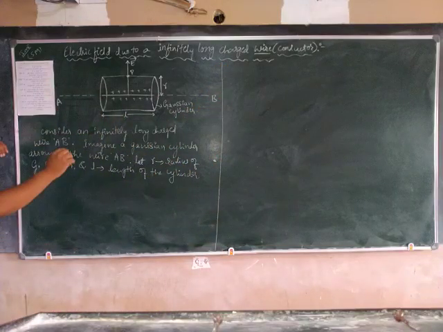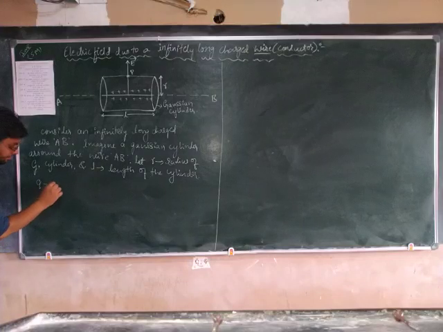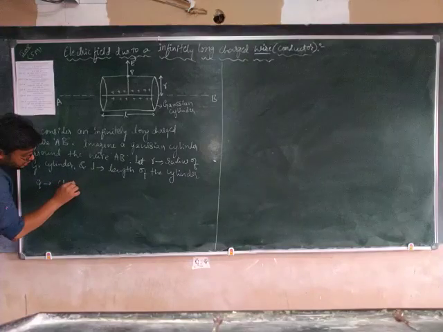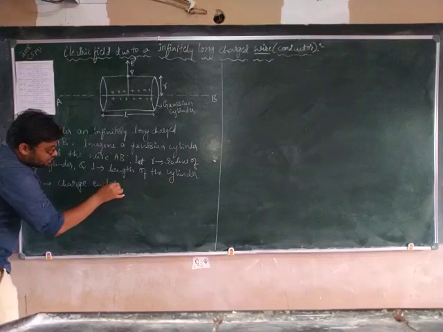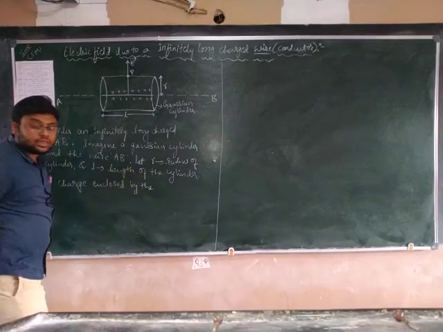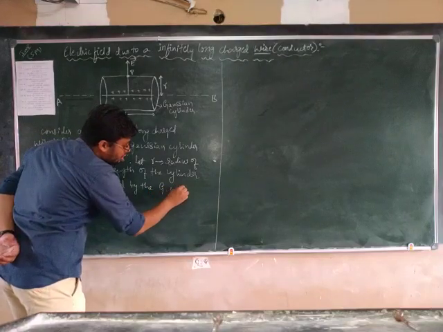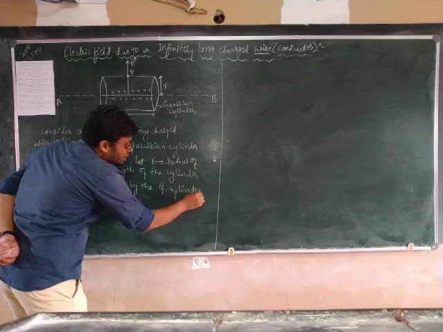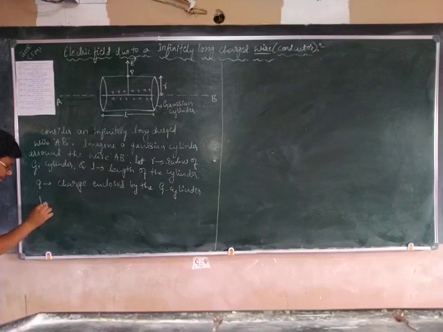Now we'll consider Q. Q be the charge enclosed by the Gaussian cylinder. And lambda.